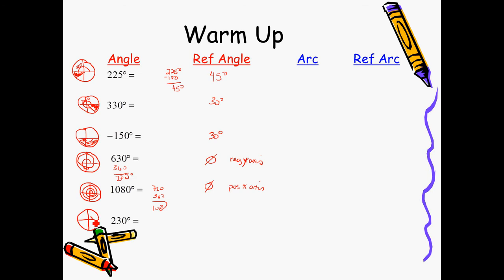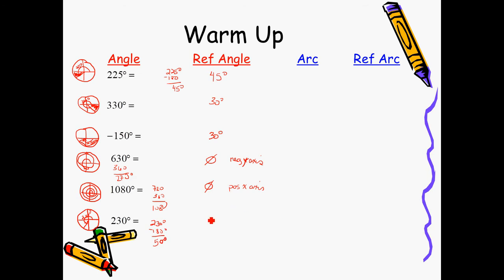How about 230? Where the heck is that? Well, 230 is certainly more than 180, but not quite as much as 270. How far is that from the closest horizontal? I need to do 230 degrees minus 180. What is that? 50 degrees, right?